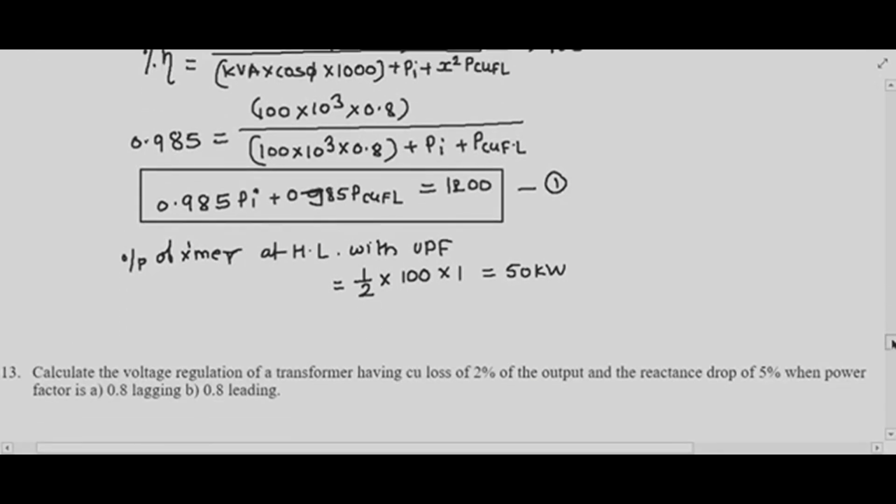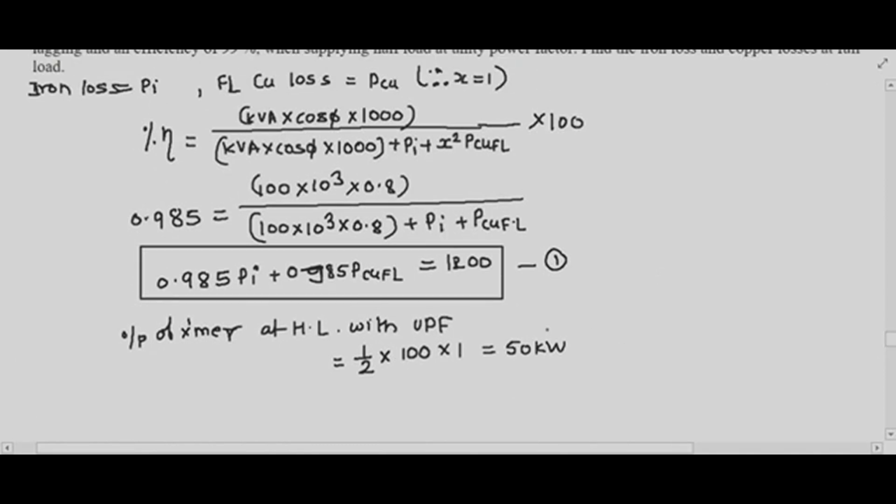So now the efficiency is again given to you as 99%. From this again I will write the second equation. Again we will see what the efficiency formula is. The efficiency given is 0.99, 99% means 0.99, into output or kVA into cos phi.